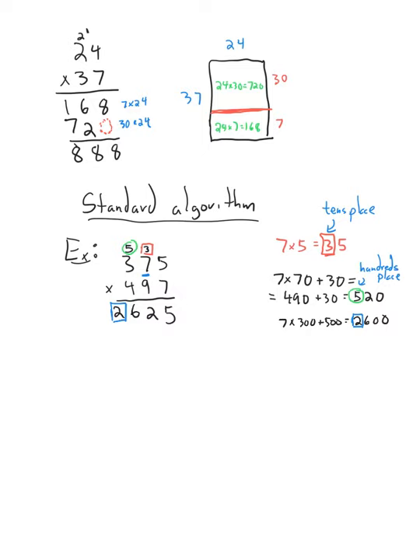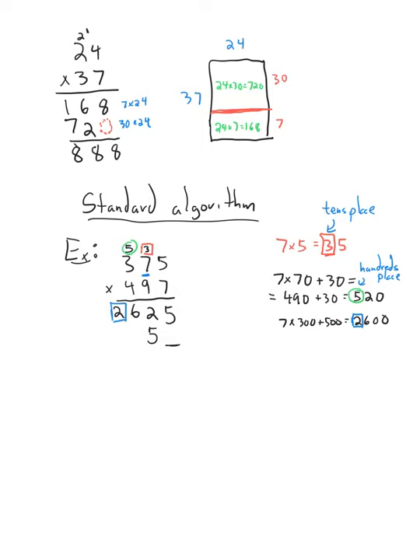We continue. 9 times 5 is 45. So I left this place blank because really we're doing 90 times 5, not 9 times 5. This is 90 times 5. So we have to make sure we're over one place value. Okay, so it's 45.